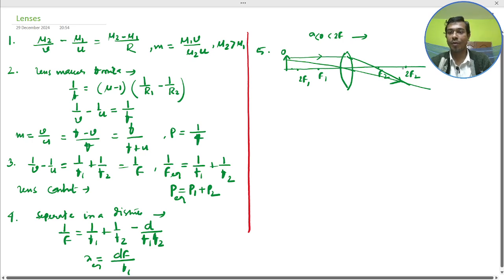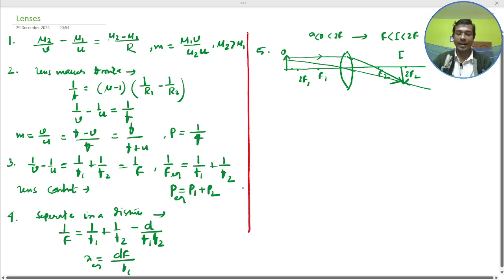The image would form between f and 2f. So image range would be f less than image less than 2f. This is case 1, and here a real inverted image with magnification m less than -1.